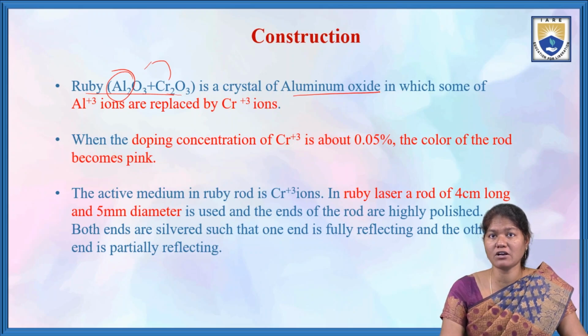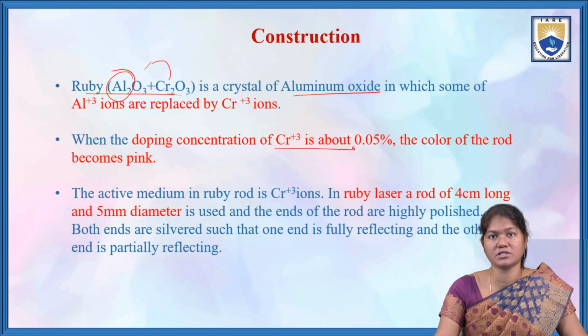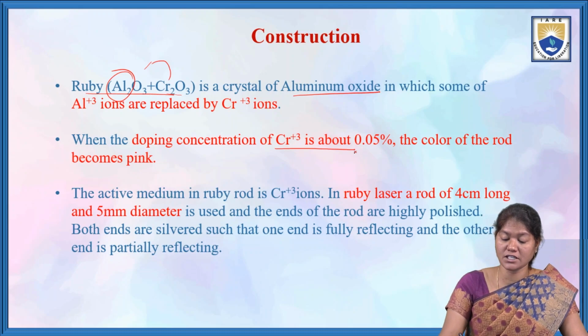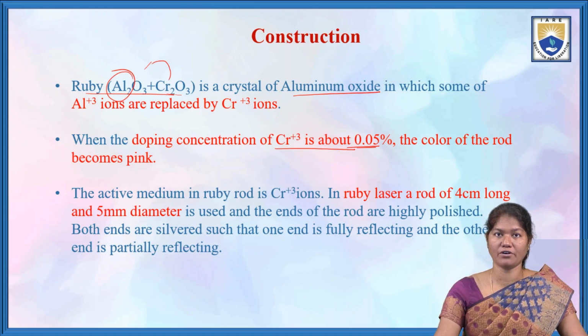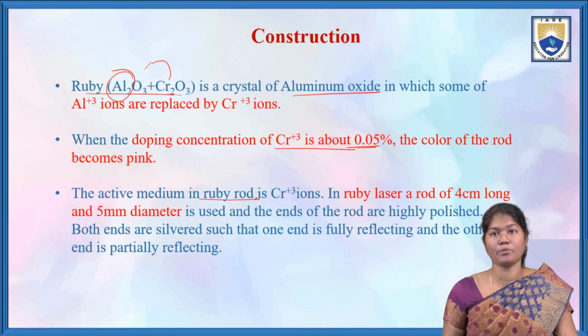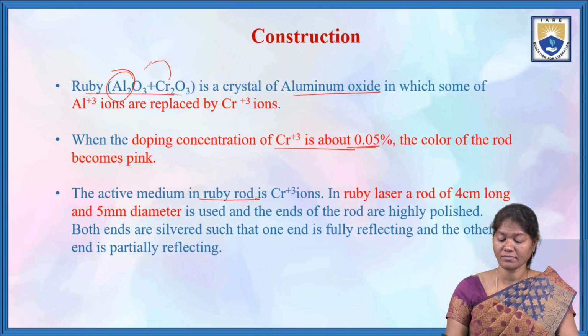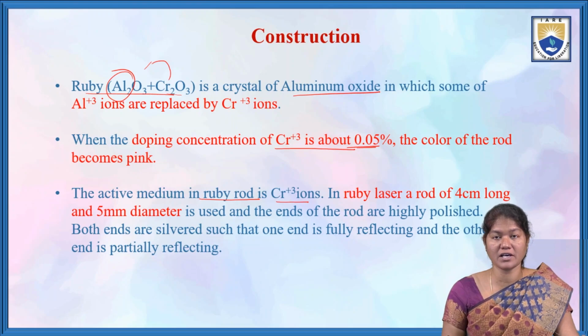When the doping concentration of chromium ions is about 0.05%, the color of the Ruby rod becomes pink. So the active medium in the Ruby rod is chromium ions, the activators.